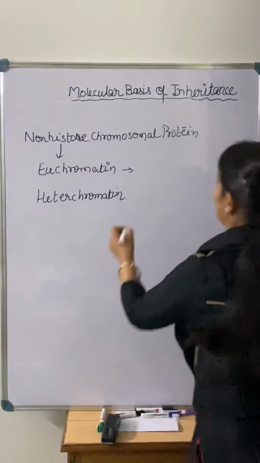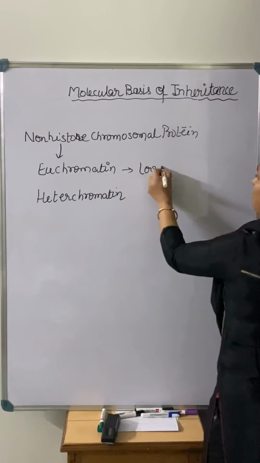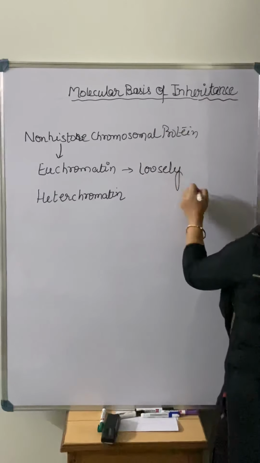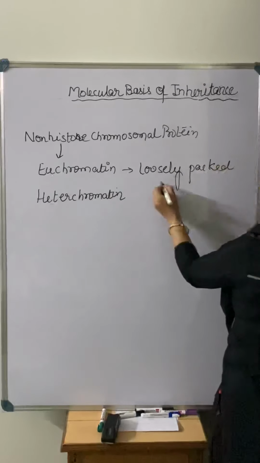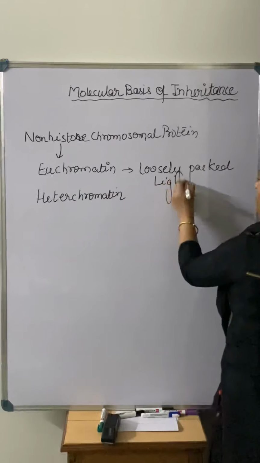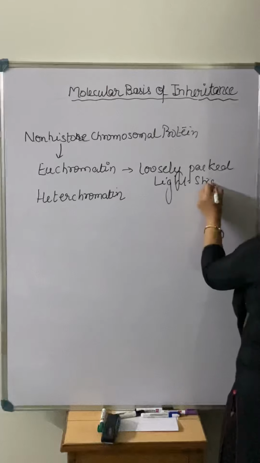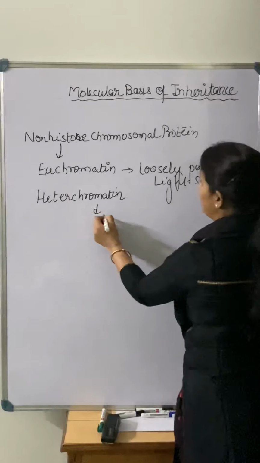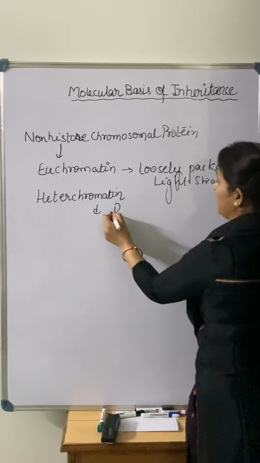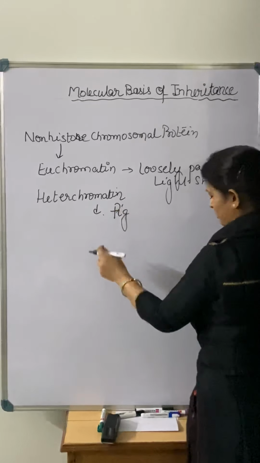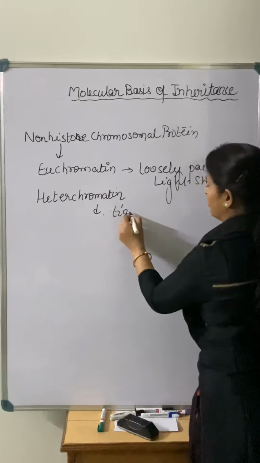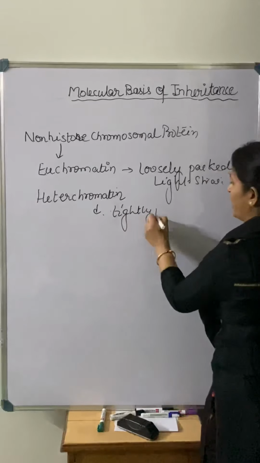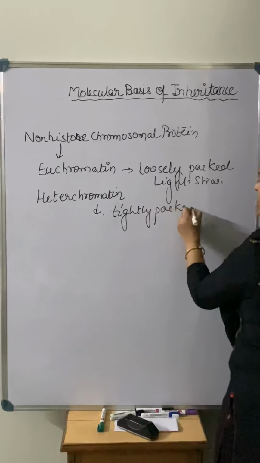So that's how we can differentiate: euchromatin is loosely packed and has a light stain. But heterochromatin is tightly packed and has a dark stain.